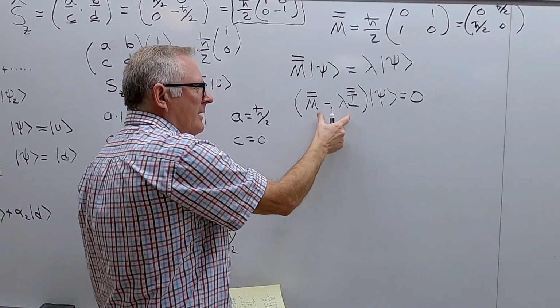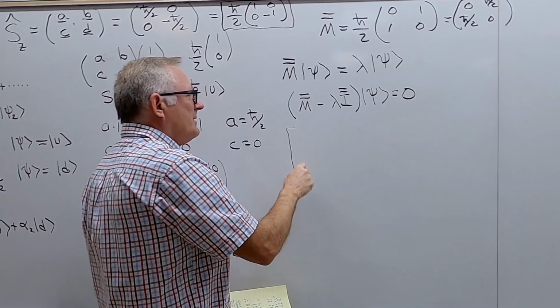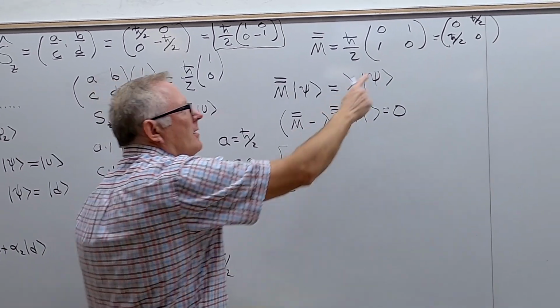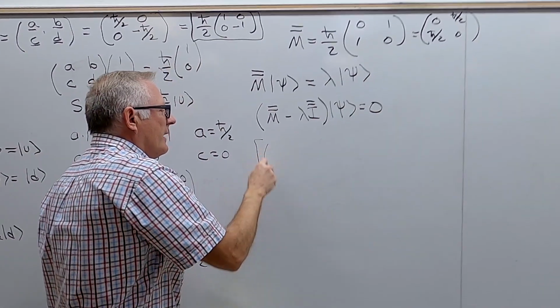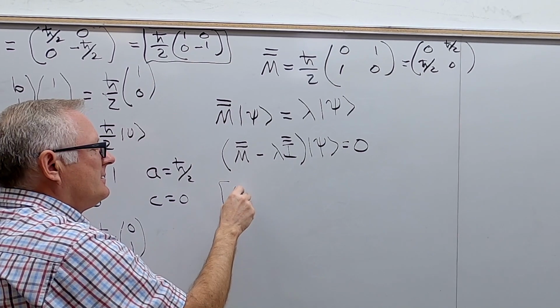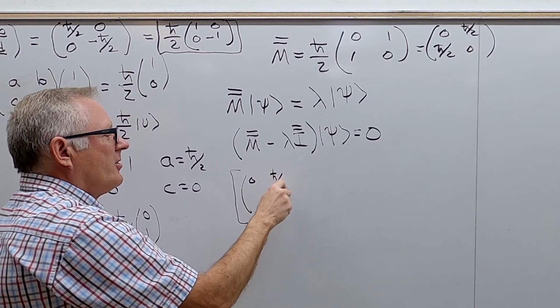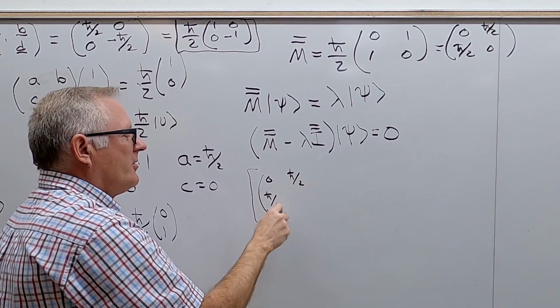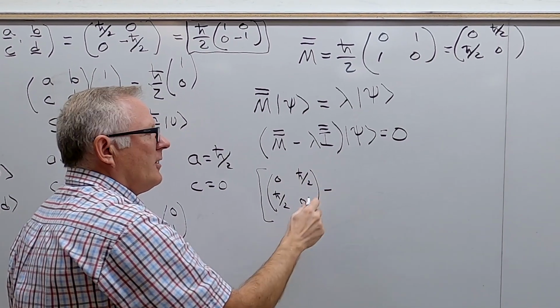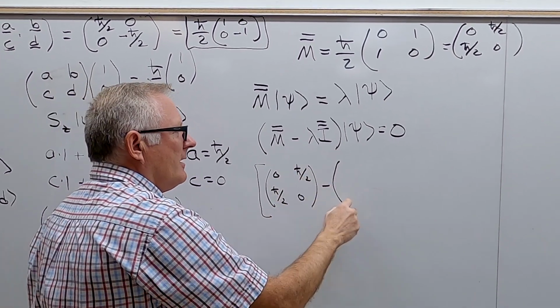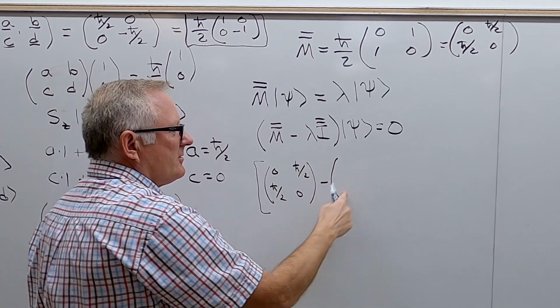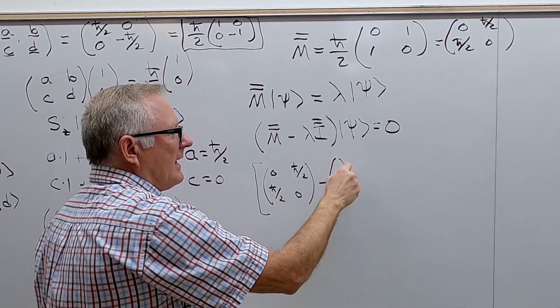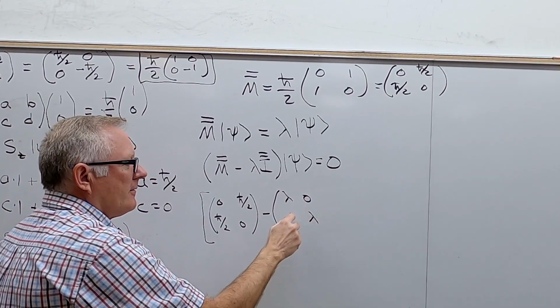First, let's get this matrix. So this matrix is 0, h bar over 2, h bar over 2, 0. And then we're subtracting off the identity, 1, 1, 0, 0, but with a lambda, so it's lambda, lambda, 0, 0.